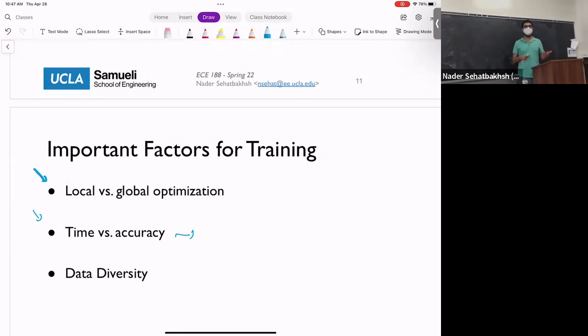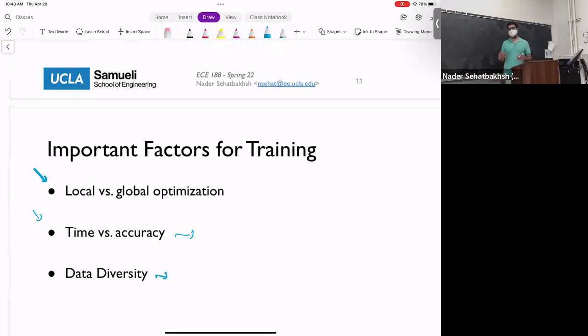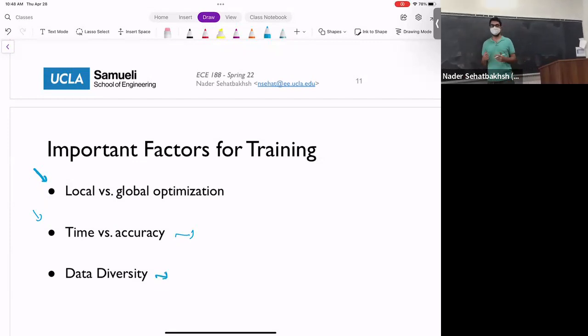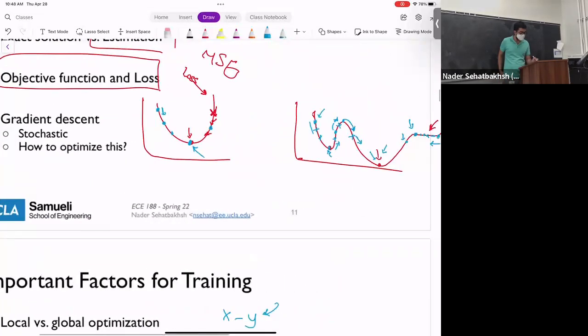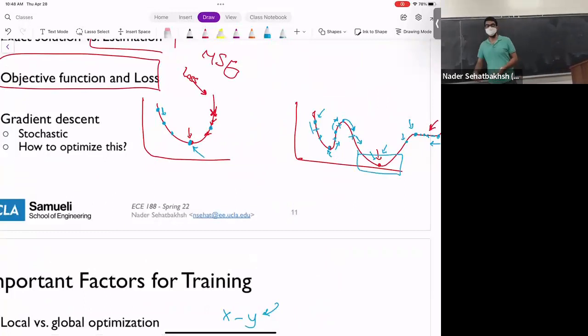If you're willing to pay more time and more energy for your training, chances are that you can find a better model. It's much more likely. But it's a trade-off between accuracy and cost. And finally, the data diversity, the actual distribution of your data, plays an important role. Because generally, the best you can do is find a mapping between your X and Y's. And remember, during the training, you only work with your labeled data, right? So if your labeled data does not have inputs that lead to this point, you can never actually reach that point, okay?